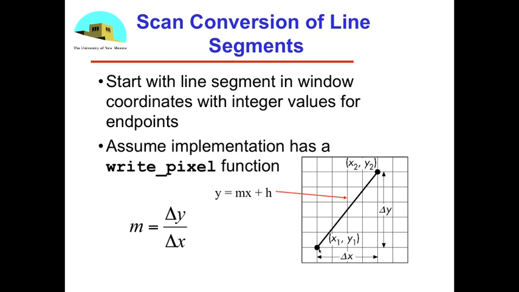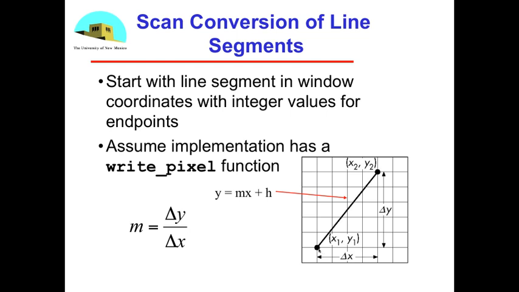So a very simple way to generate this line segment would be to say, okay, it has the equation y = mx + h. We start off at these two integer locations, where if we had started with floating point, I could always round them to integer values. That's not a key issue at this point.